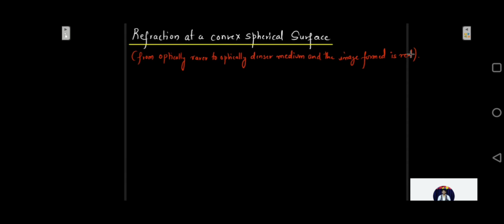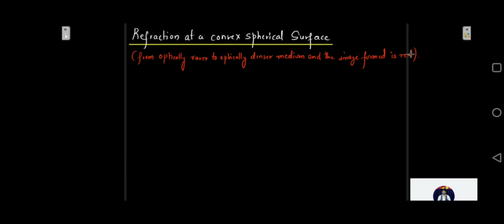We are going to keep our object in an optically rarer medium and the image will be formed in an optically denser medium. This image which is formed is going to be a real image. And we are going to derive a relation between object distance, image distance and radius of curvature of this spherical convex surface.